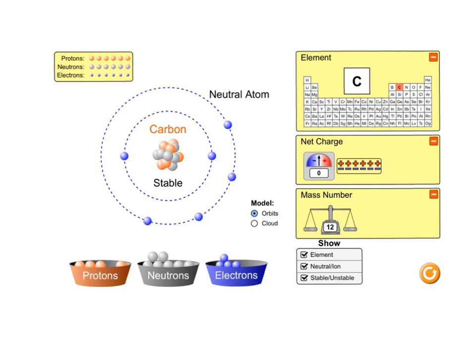So carbon doesn't bond with other substances by the formation of ions, but rather takes these electrons and shares them with other substances.